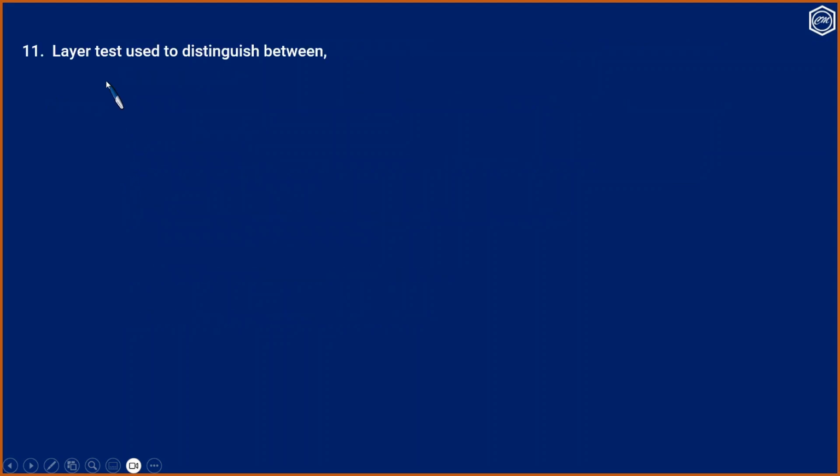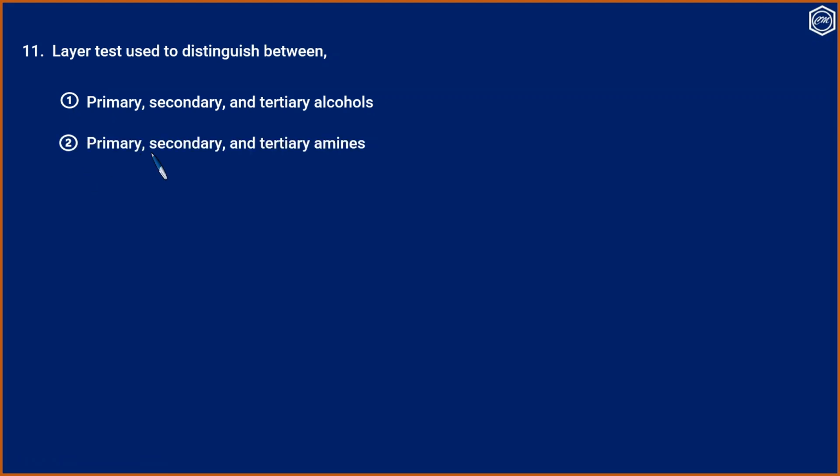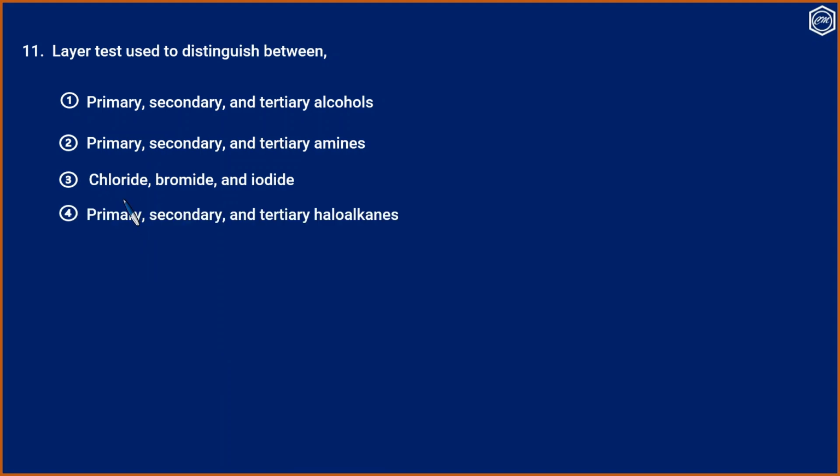Question 11. Layer test used to distinguish between 1. Primary, secondary and tertiary alcohols, primary, secondary and tertiary amines, chloride, bromide and iodide, primary, secondary and tertiary haloalkanes.